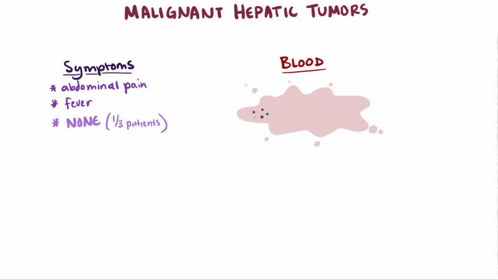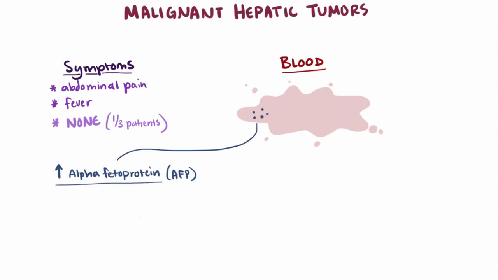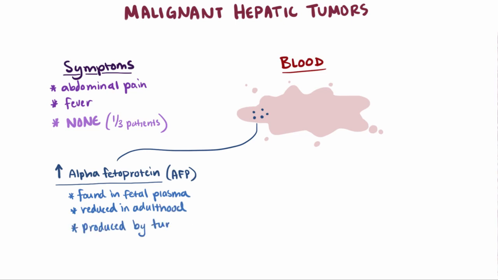Also, in the blood, a big-time indicator is an increase in alpha-fetoprotein, or AFP. AFP is normally found in abundance in fetal plasma, but drops off to smaller amounts into adulthood. AFP is also, though, produced by the tumor cells, or cells that are proliferating. So, as those tumor cells proliferate, more AFP than normal can be found in the blood.